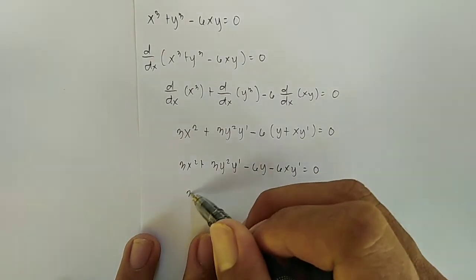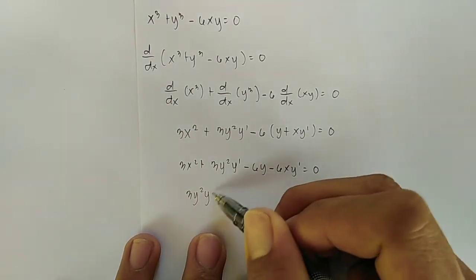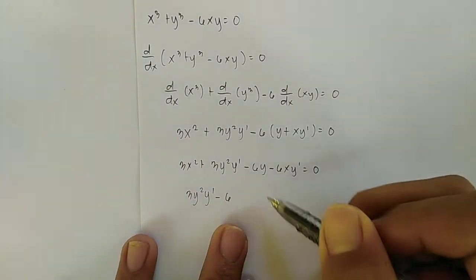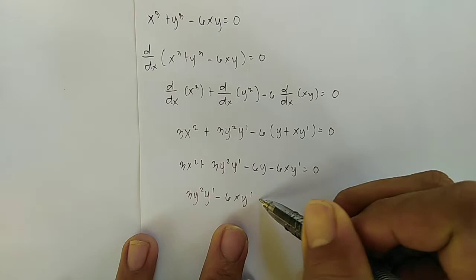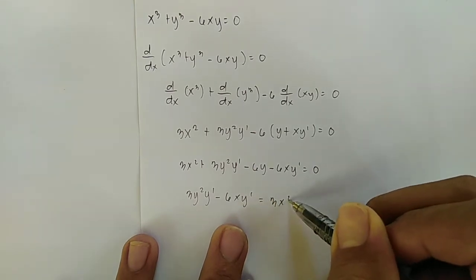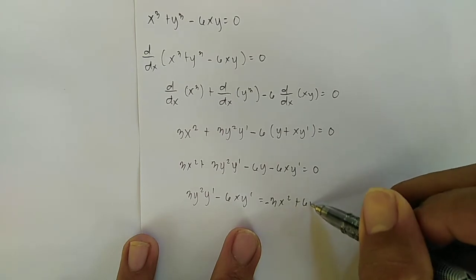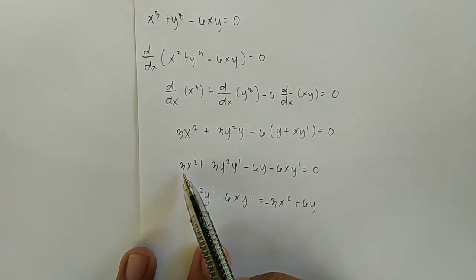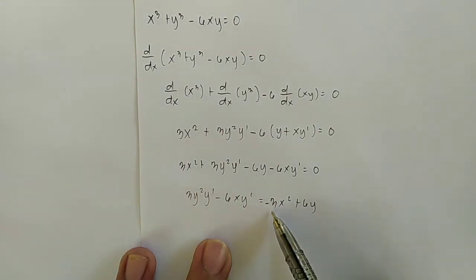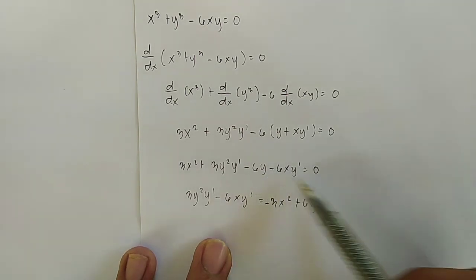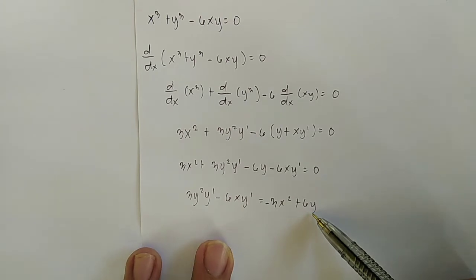Let us combine like terms: 3y squared y prime minus 6xy prime is equal to negative 3x squared plus 6y, because 3x squared transferred to the other side becomes negative 3x squared, and negative 6y transferred to the other side becomes positive 6y.